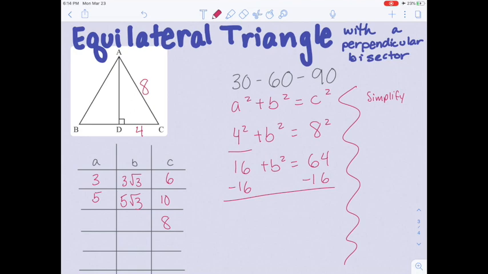We get 48. Take the square root of both sides. B equals the square root of 48.